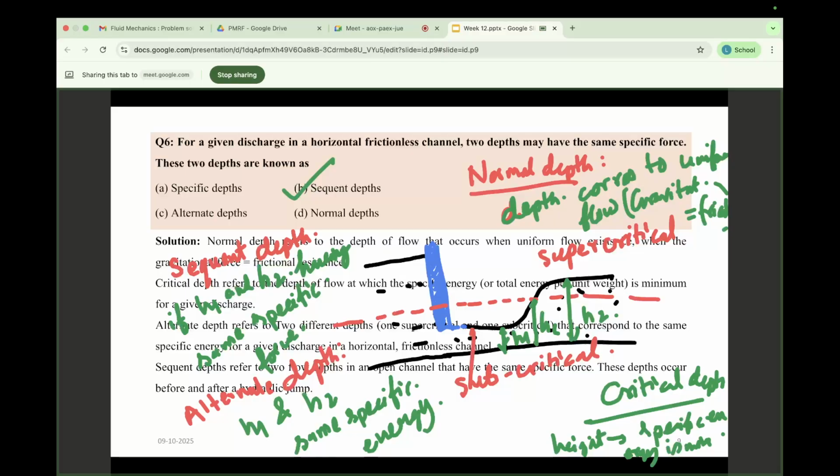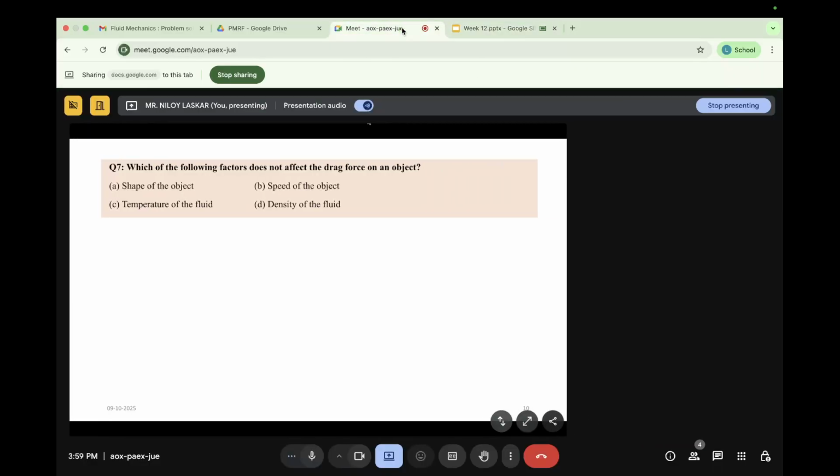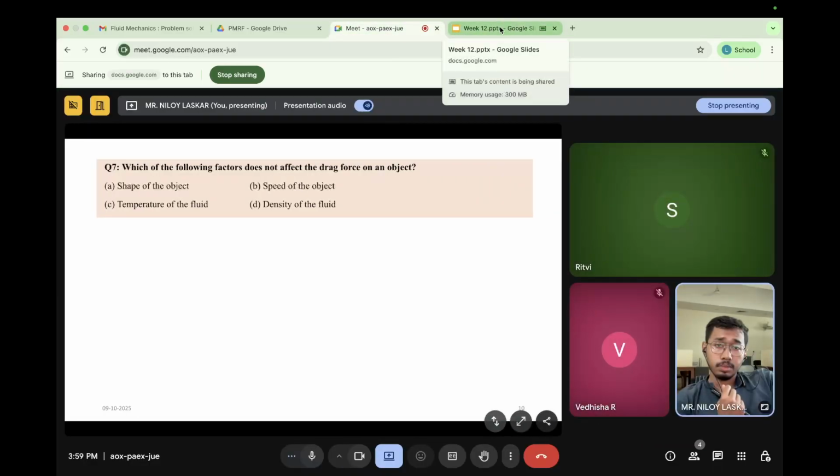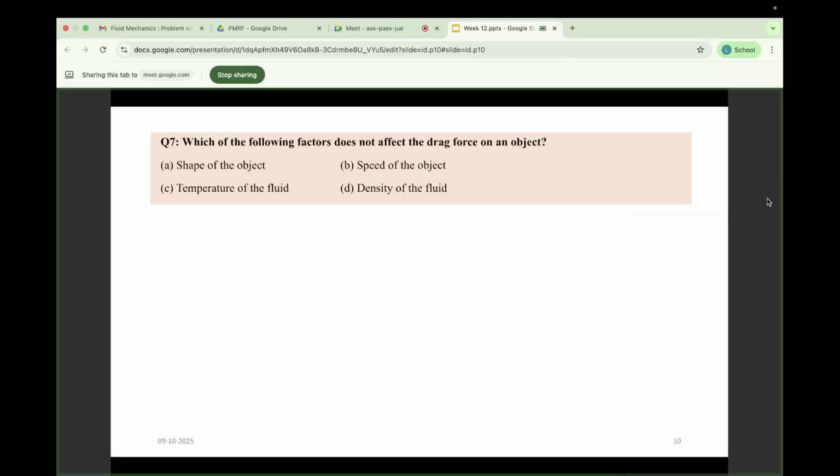Okay. I'm moving to this. I hope that you understand this thing. I'm moving to the next one. So this is the next question. Which of the following factors does not affect the drag force on an object?